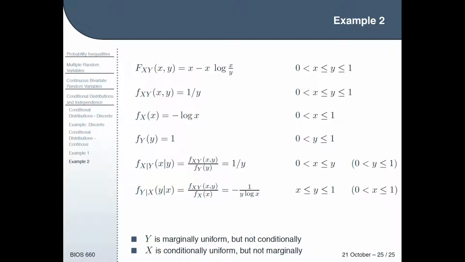And x is the other way around: the marginal distribution of x is not uniform, it's minus log x, but if we know what y is, then it has density 1 over y on the interval 0 to y, which is precisely the density for a uniform distribution on 0 to y. So y is marginally uniform but not conditionally, and x is conditionally uniform but not marginally. Any questions about any of this? Okay.